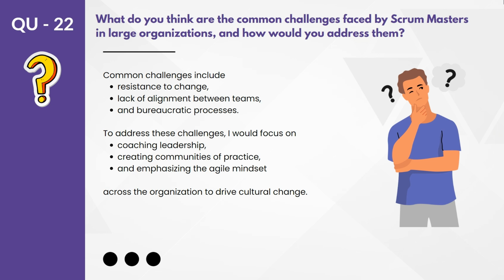Resistance to change means some changes are coming to the team, and it's not easy to go through with those changes. Lack of alignment between teams: you're working with different teams and you all are not aligned, because teams are following agile, but actually the leadership is still not habituated to agile.